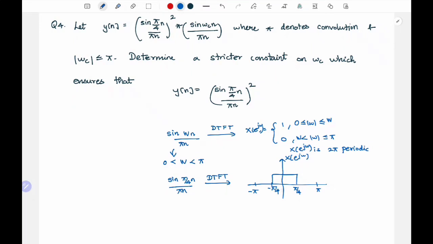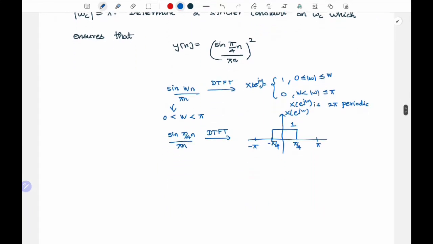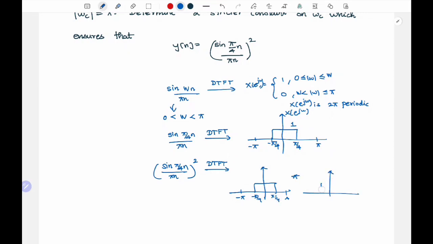Okay. And this is going to be equal to 1. And your multiplication in time domain is translating into convolution in the frequency domain. Whole square is nothing but your DTFT, this signal convolved with itself.